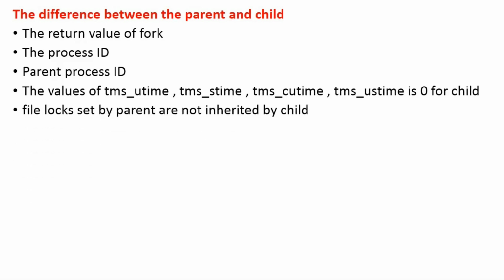The file locks set by the parent are not inherited by the child. If any file locks are set by a parent, that lock is not inherited by the child, it is only for the parent.